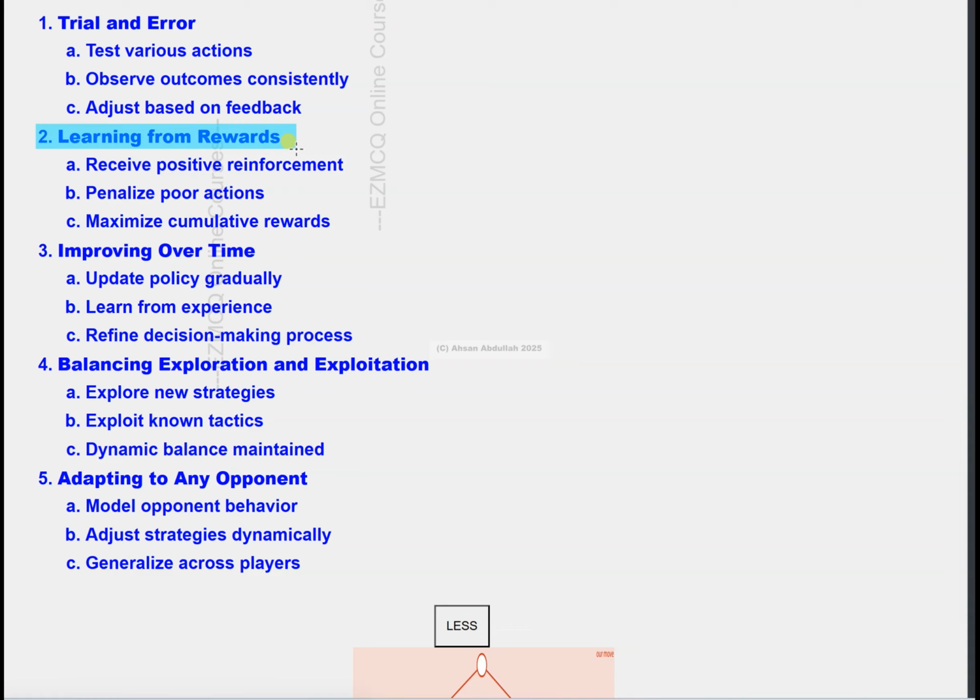The reinforcement learning agent's goal is to maximize the cumulative rewards, and this shapes its behavior to favor actions that lead to success. So we have a reward-driven approach, which enables the agent to identify which strategies yield better long-term results.